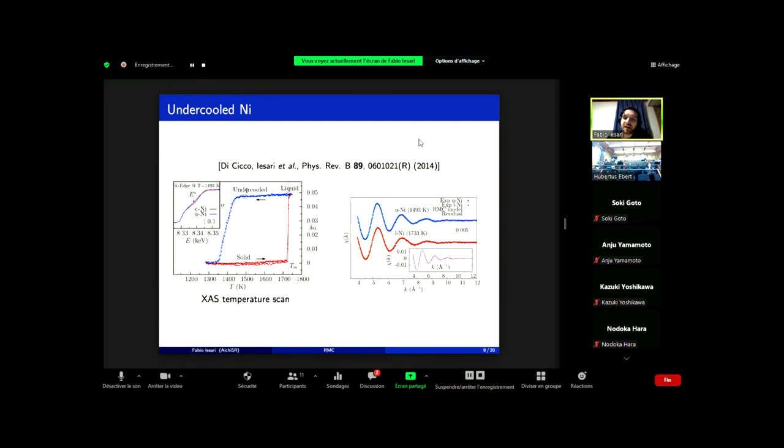This is known as the undercooled phase. This phenomenon, that small metal particles could be undercooled well below the melting point, has been known since the 90s. Then after reaching a critical temperature, it solidifies again.